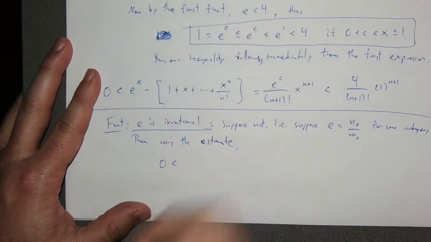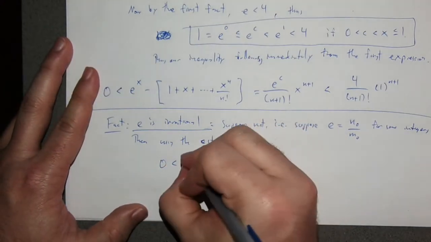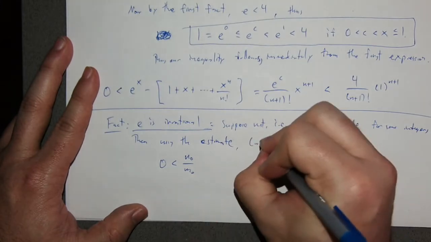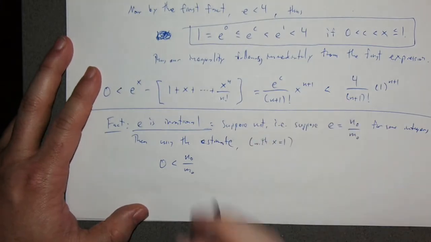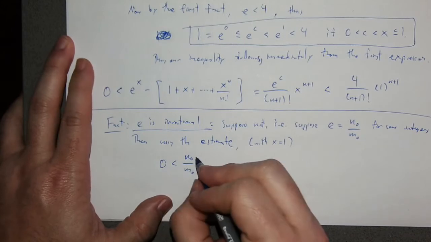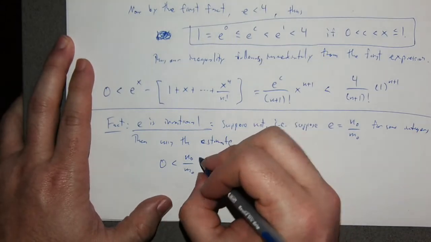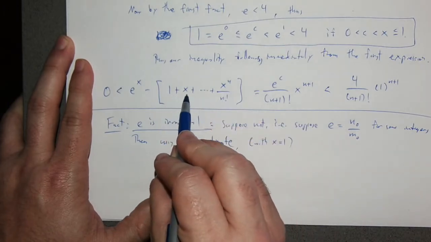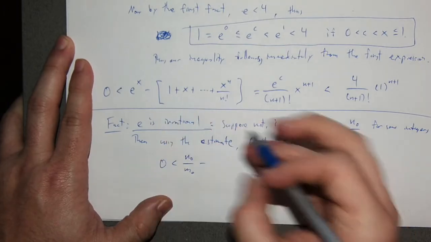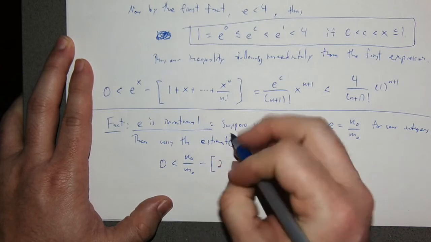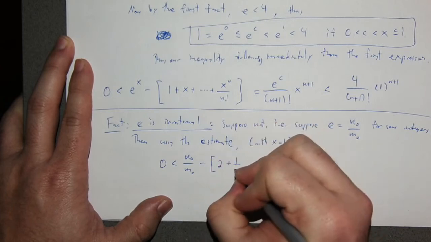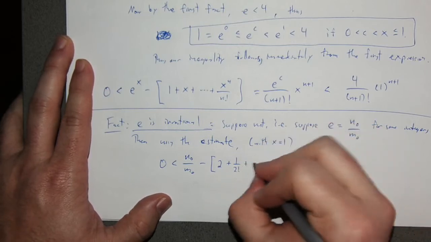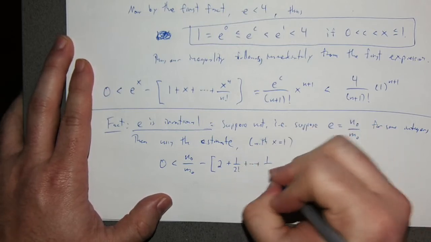I get that 0 is strictly less than n naught over m naught minus, plugging in x equals 1 here, 1 plus 1, that's 2, so 2 plus 1 over 2 factorial plus some other stuff all the way up to 1 over n factorial.